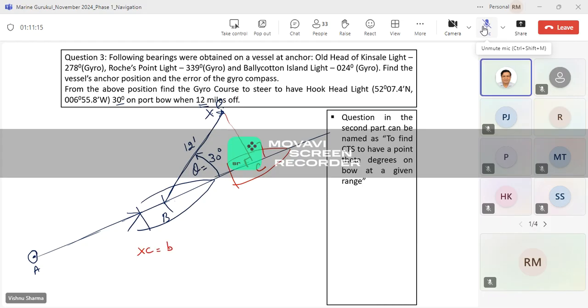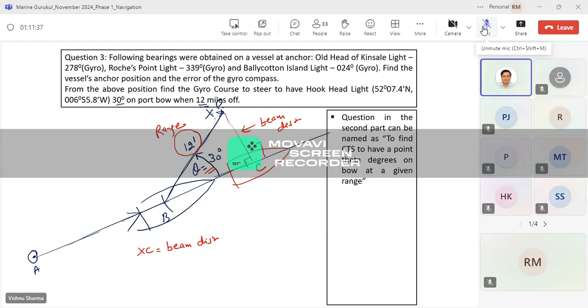XC is called the beam distance. That means the distance of the light when it is abeam. Am I right, guys? This is the beam distance. Yes, sir. This distance off we call the range. What is the distance at which you want the light to be? This angle we have called theta.